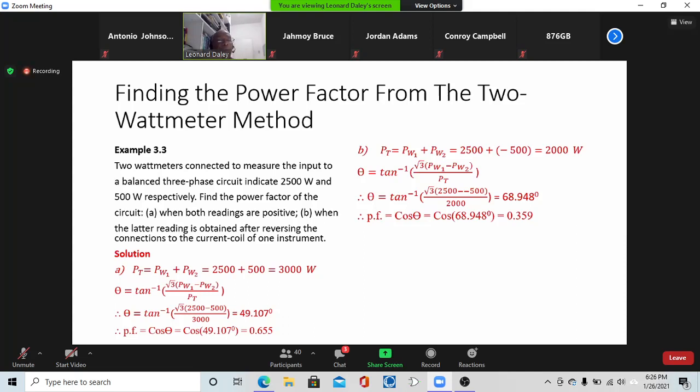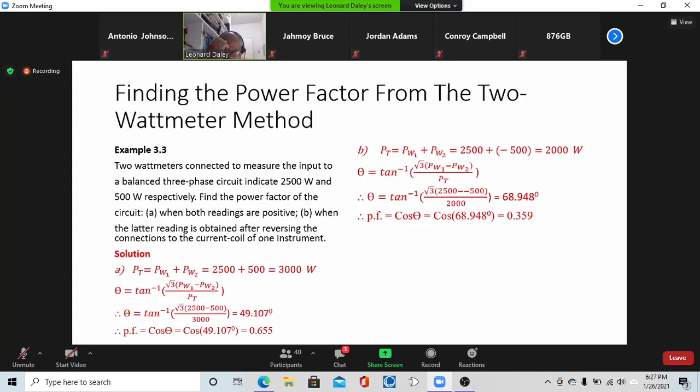All right, so 2 wattmeters connected to measure the input to a balanced 3-phase circuit indicate 2,500 watts and 500 watts respectively. Find the power factor of the circuit when both readings are positive, and B, when the latter reading, so that will be the 500 watts, is obtained after reversing the connection to the current coil of one instrument.